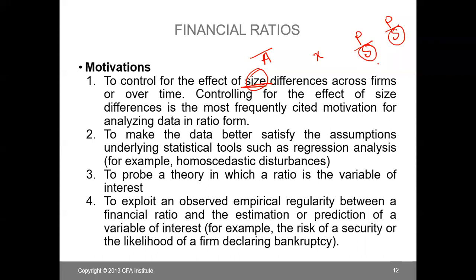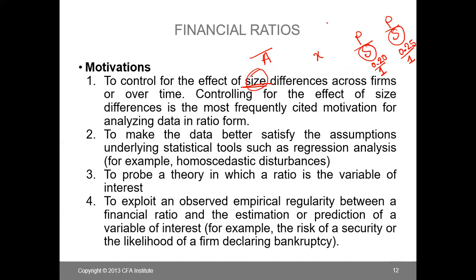How? We can say that for 1 unit of sales, Apple is generating $0.2 profit, and for 1 unit of sales, Xiaomi is generating $0.25 profit. So it is only possible if we express the number in terms of a financial ratio. So what we are doing here is controlling the differences between the companies in terms of size by expressing the numbers in ratios.